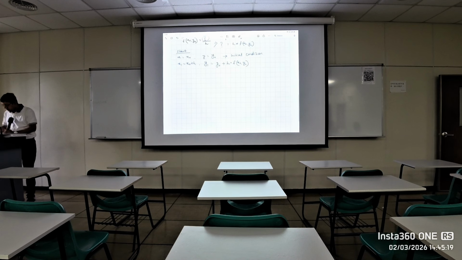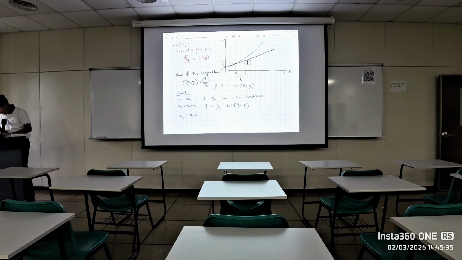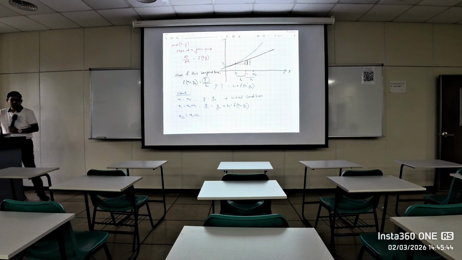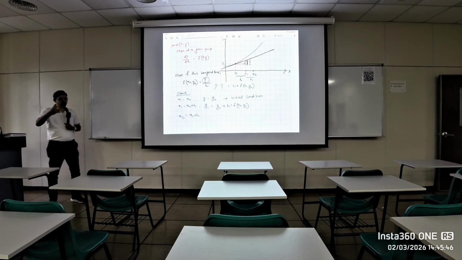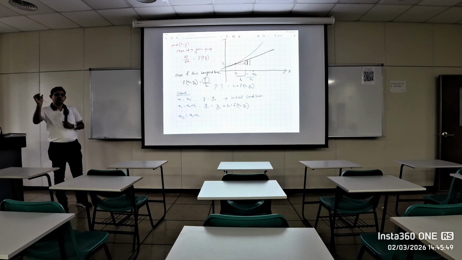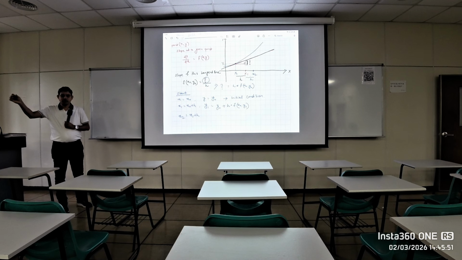So then for x2, it should be x1 plus h, because I can go for the next one, x2, which is another h. I can sequentially go x1, x2, x3, x4. Every time I have to increase by h.